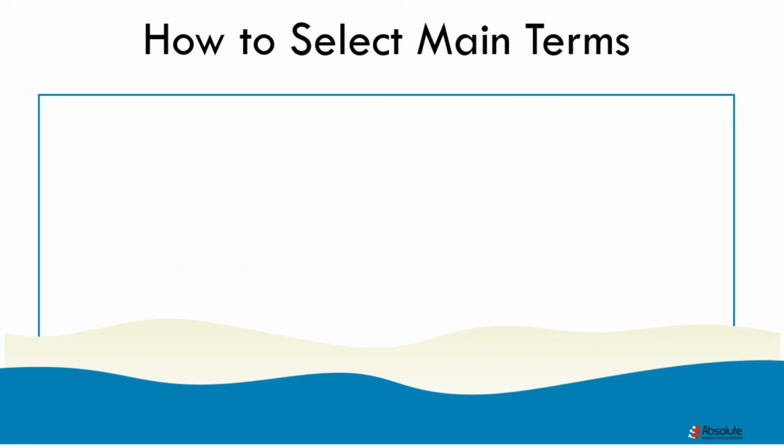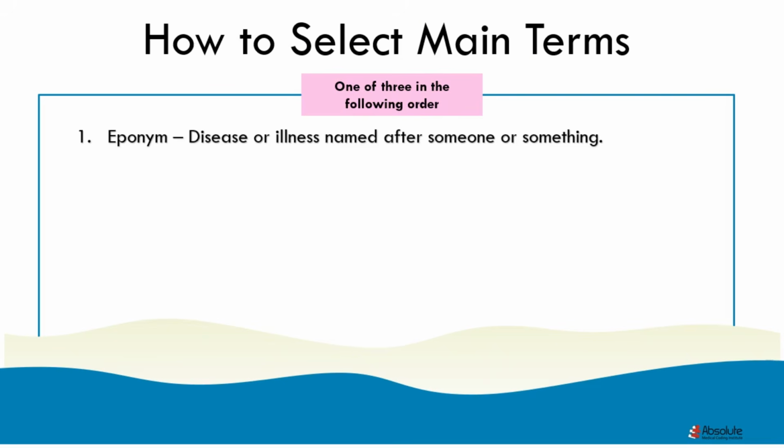How do you select the main term of a diagnosis? There are 3 ways, in the following order. So there's a hierarchy. The highest of them all are eponyms.